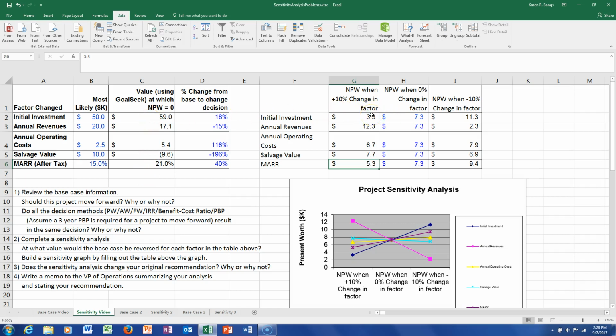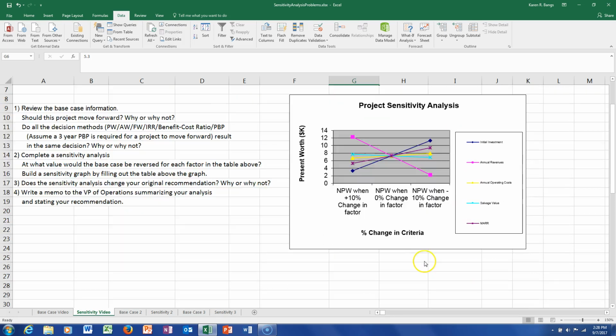I do that over here with a plus and minus 10%, and I can see then they get charted down here. The sensitivity graph is what it was called in the video. I also call it a spider chart. And so you can see that here is the base case, and then when the investment reduces by 10%, the net present value goes up, which makes sense because you have lower cost.